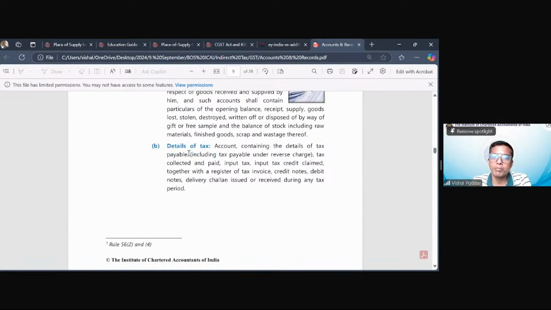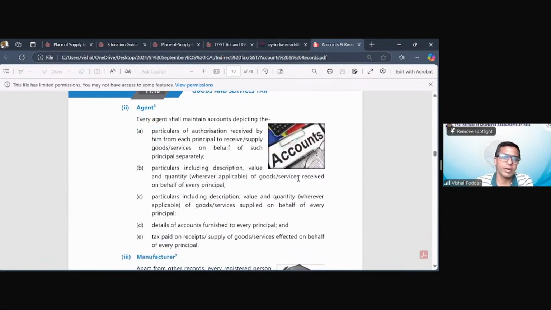Second, the tax component: an account containing the details of tax payable, including tax payable under RCM, tax collected and paid, input tax, input credit, together with the register of tax invoices, etc. So as you can see, it is very simple and straightforward, stating what details they want and in what manner.